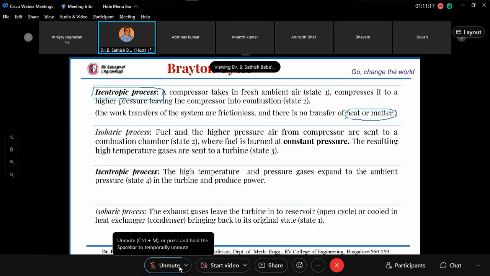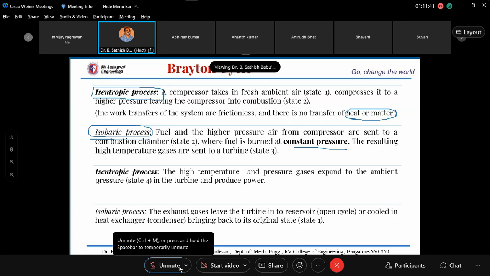That is why it is called an isentropic process. Okay. So next is isobaric. Isobaric means it is a constant pressure process. That is in the combustion chamber. It is at constant pressure that the combustion of the fuel is taking place. So that is why it is called an isobaric process.